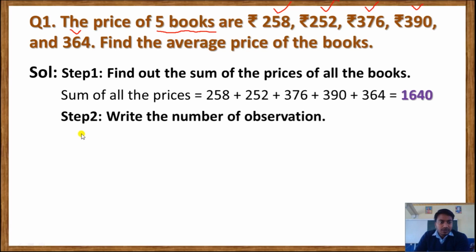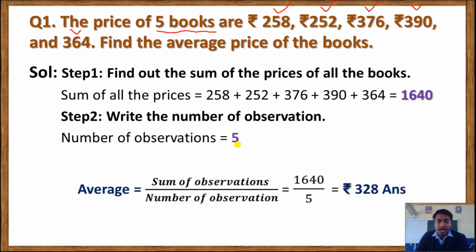Now step number 2, write the number of observations, 5. Now we use the formula to find average. Average equals sum of observations, which we have already got here, 1640, divided by number of observations, which we also wrote here, 5. Now reduce the term. 5 1s are 5, 5 3s are 15, 1 left, 14.